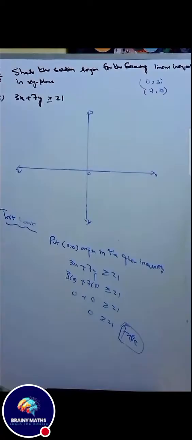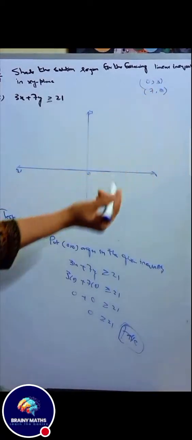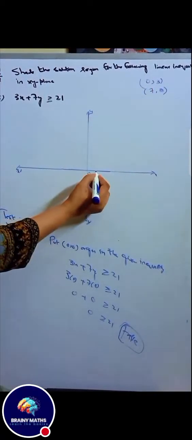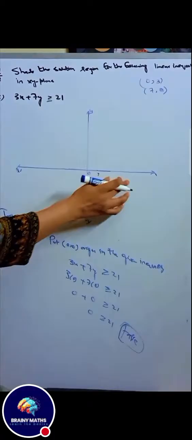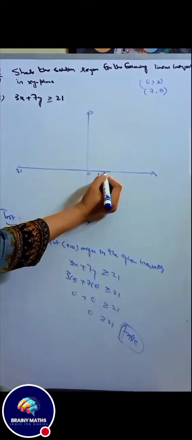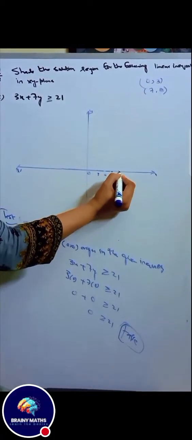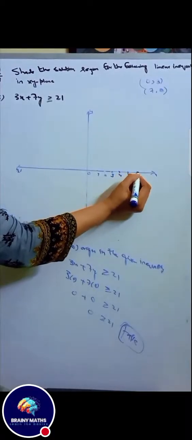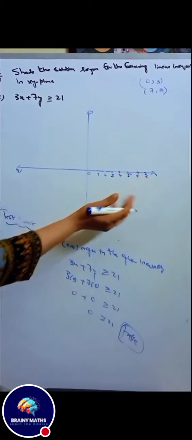Now plot on the xy plane. The xy plane is this one. After representing x is 0, y is 3, and x is 7, y is 0, the axis must go up to 7. You have to take these points according to the ordered pairs. Right: 1, 2, 3, 4, 5, 6, 7.